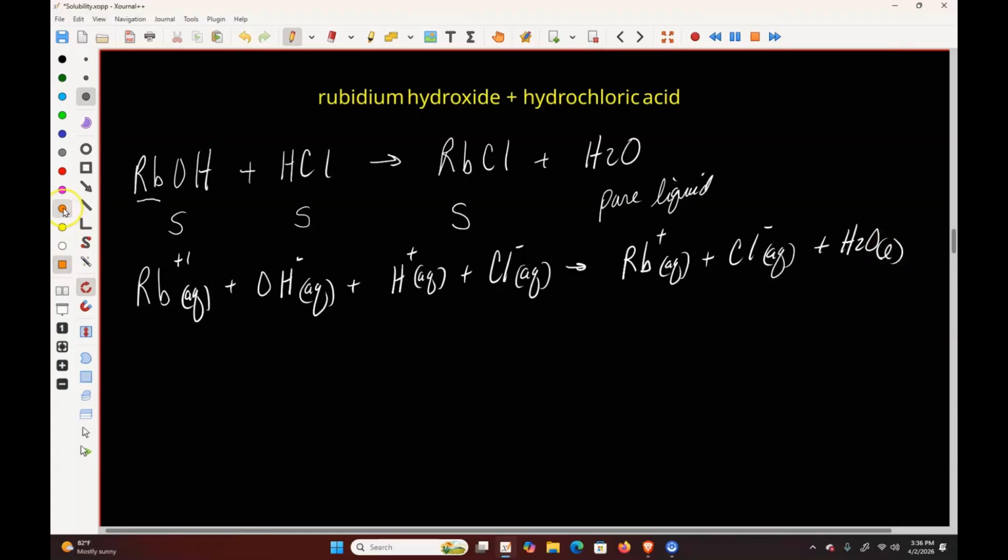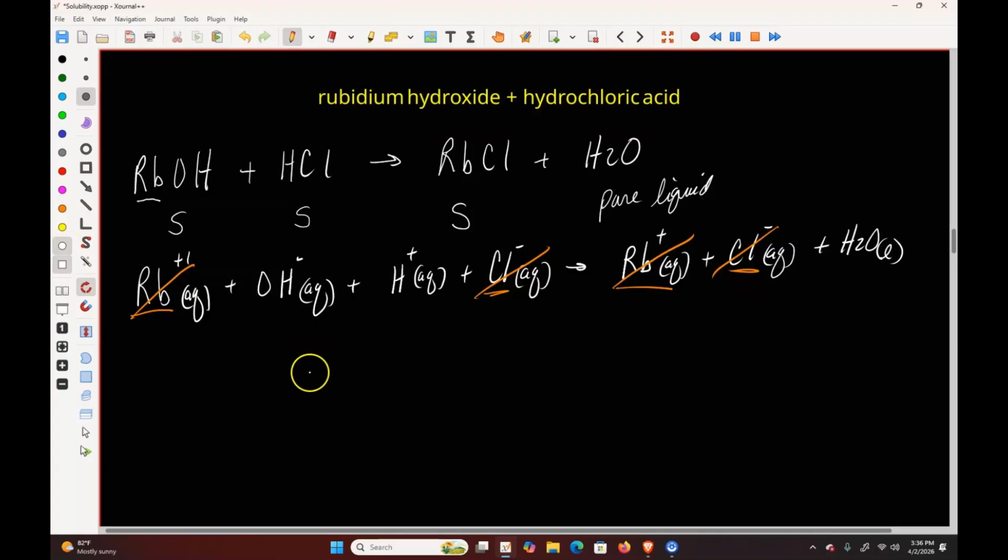Let's go through and mark out our spectator ions. Rubidium is the same on both sides, so I'm going to cancel out rubidium. I notice that chloride is the same on both sides, so I can mark out that one also.